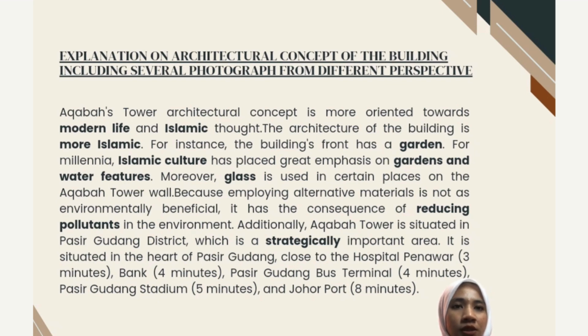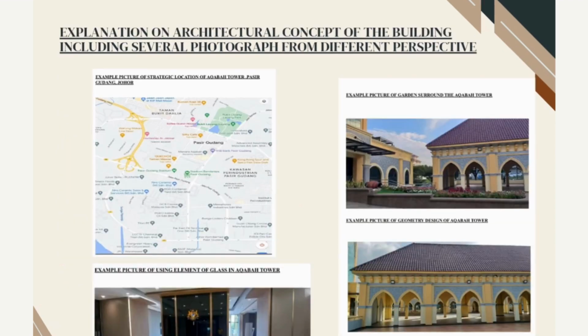Moreover, glass is used in certain places on the Akoba Tower walls, because employing alternative materials is not as environmentally beneficial, and glass reduces pollutants in the environment. Additionally, Akoba Tower is situated in Pasir Gudang district, which is a strategically important area. It is situated in the heart of Pasir Gudang, close to the Hospital, Bank, Pasir Gudang Bus Terminal, Pasir Gudang Stadium, and Johor Park.